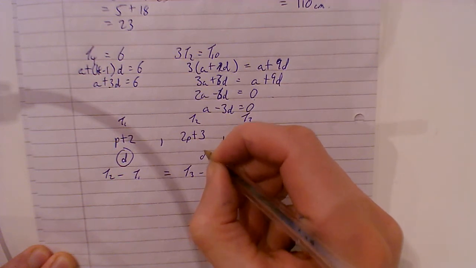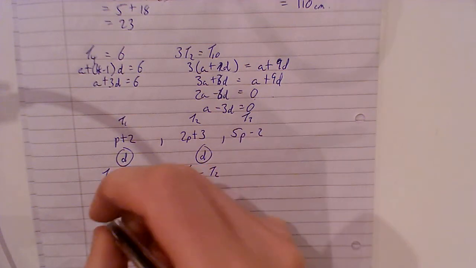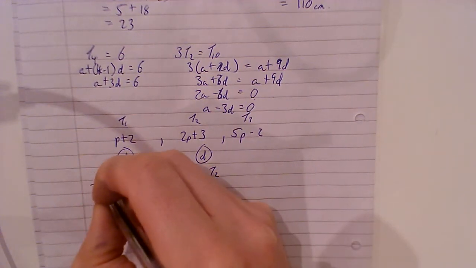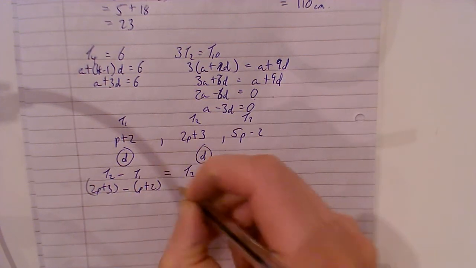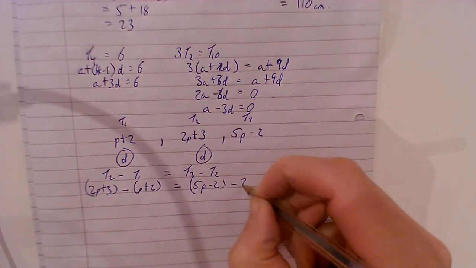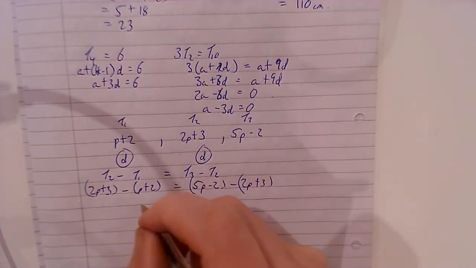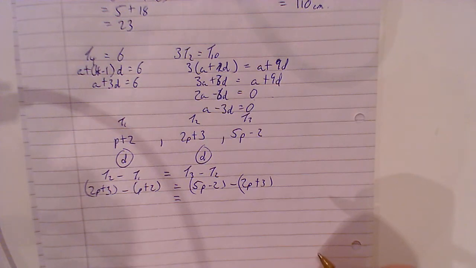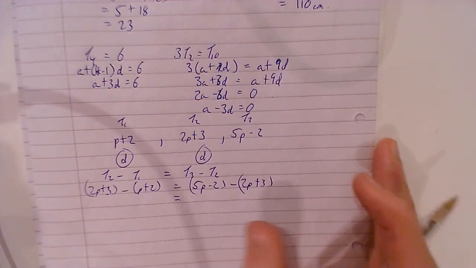So you should expect the same difference. If the difference equals the difference, then we just put in t2, which is 2p plus 3, minus p plus 2. This one is 5p minus 2, minus 2p plus 3, fully bracketed. Everybody can work out from this stage. It is example 4 on page 331. Really, really simple.